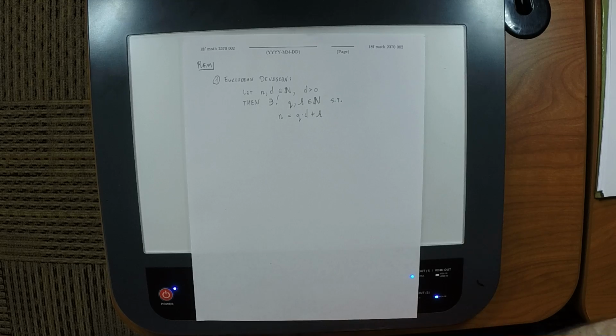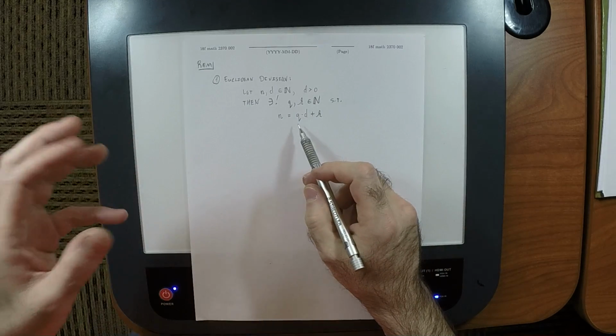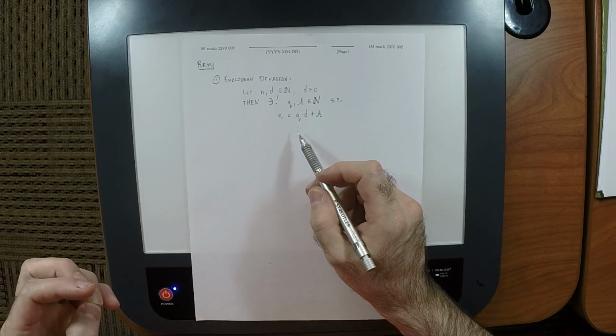Being interpreted, q is called the quotient and r the remainder.